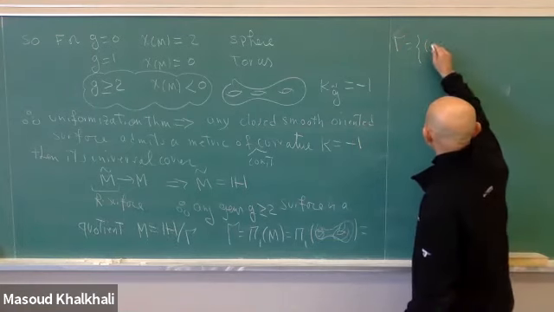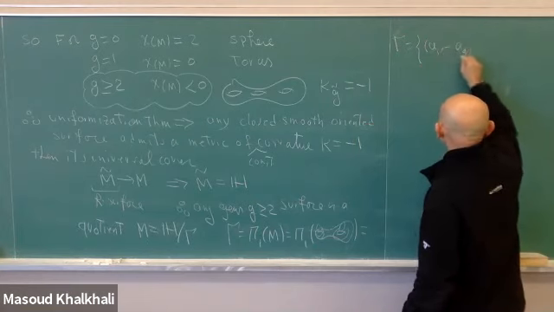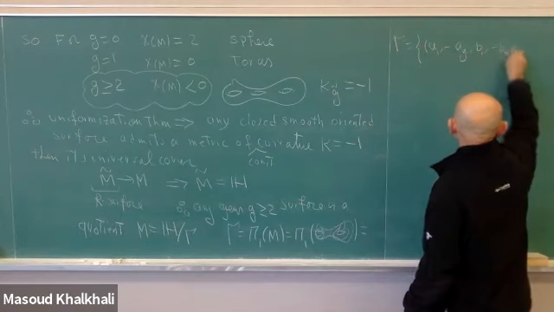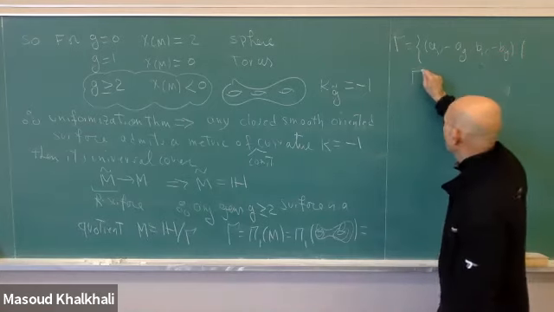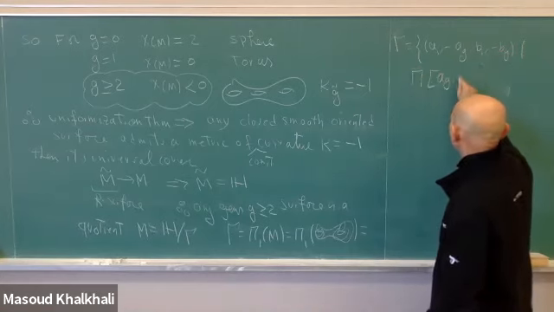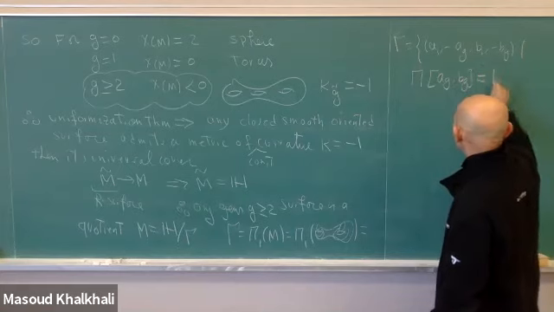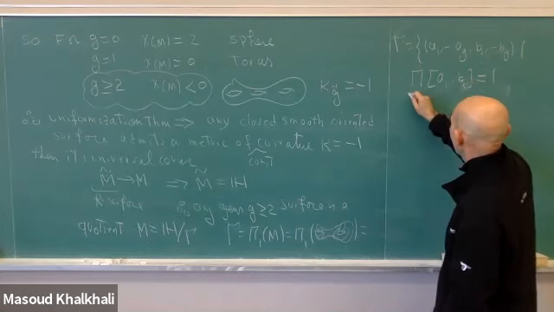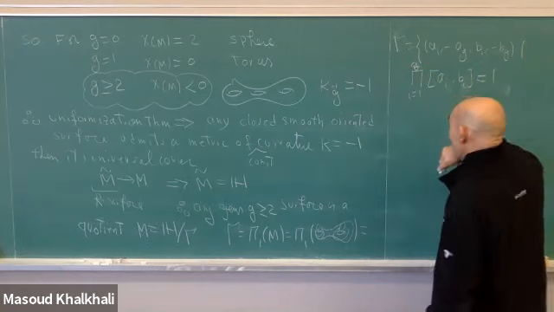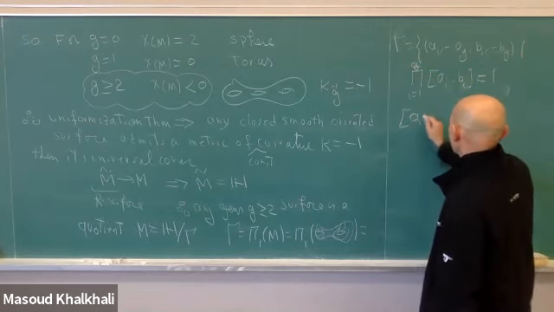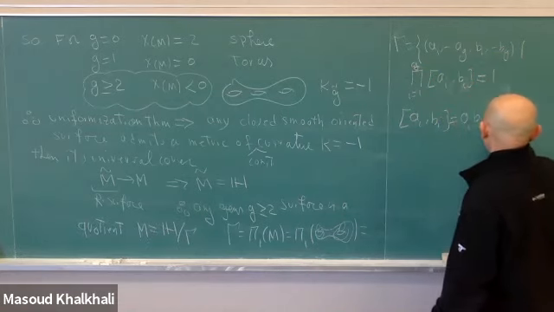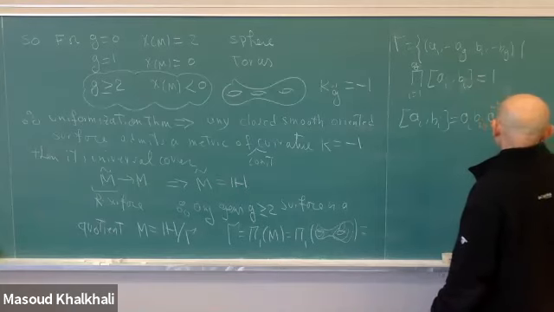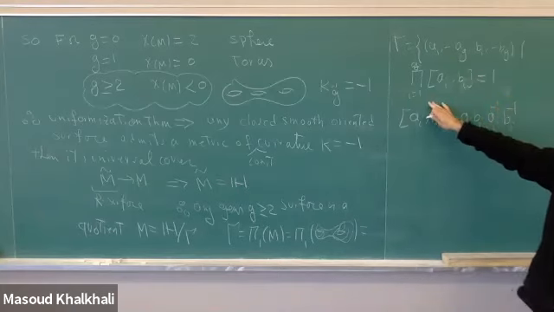So gamma is generated by a1, ..., ag, b1, ..., bg, 2g generators that satisfy one relation, namely the product of commutators of ai, bi equals 1, i from 1 to g, and this commutator, of course, is the group commutator, meaning ai bi ai inverse bi inverse. So this is one relation.